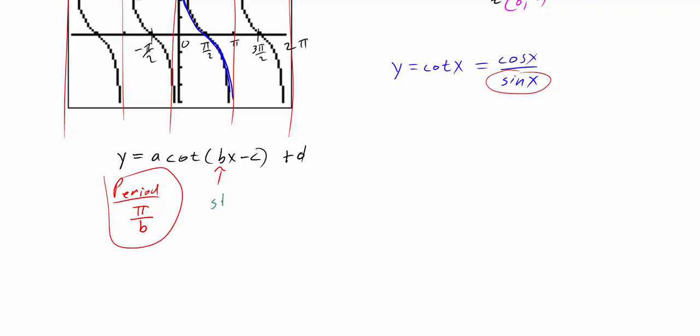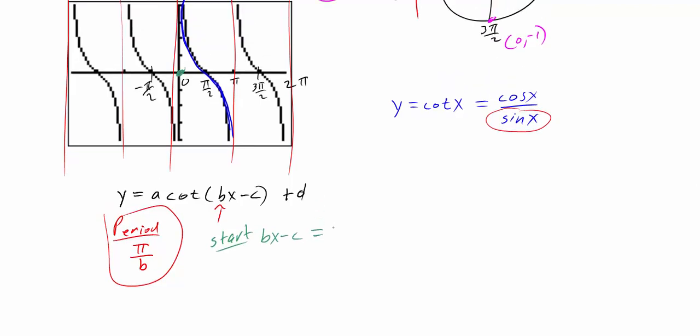And if we want to look at the start of a period, we would take the inside of the parentheses, the bx minus c, and this time we're going to set it equal to, if we look up here where this one starts, 0. And if we want to look at the end of that particular period, we would take the bx minus c and set it equal to 1 pi. And of course we would solve each of those for x, and that would give us a start and end point for one complete period.